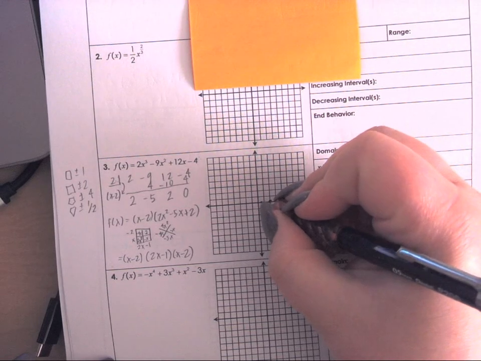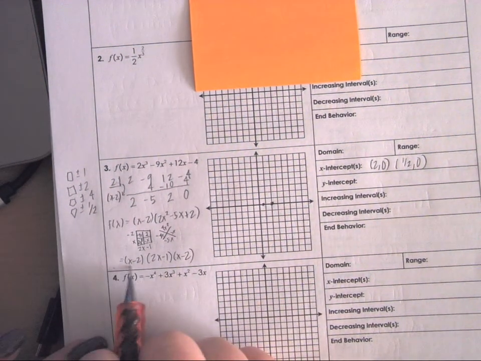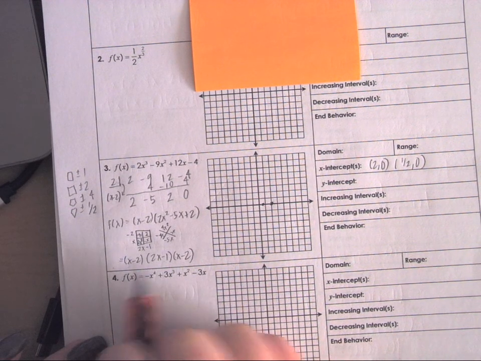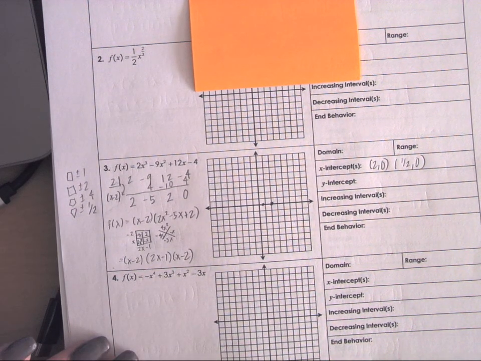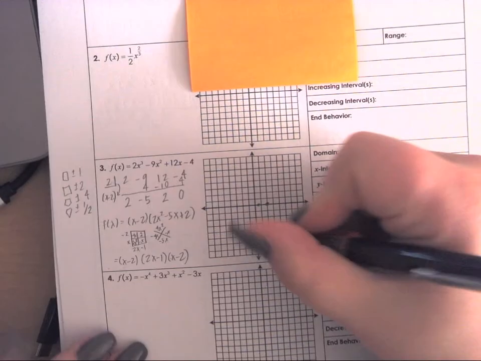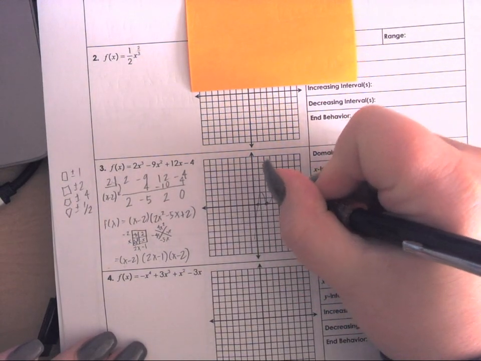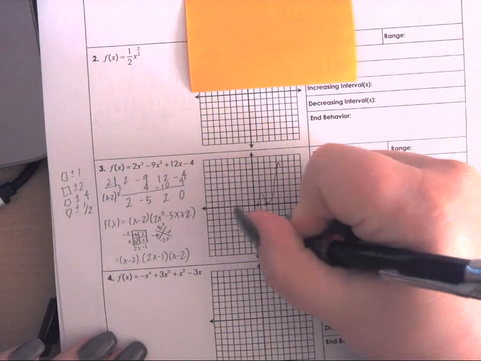So right there. And then it bounces, since the multiplicity of this is 2, there's 2 factors of x minus 2, and that's an even, so it bounces at 2. And then it's a cubic, so it starts down here, comes up, then bounces, and then goes like this.